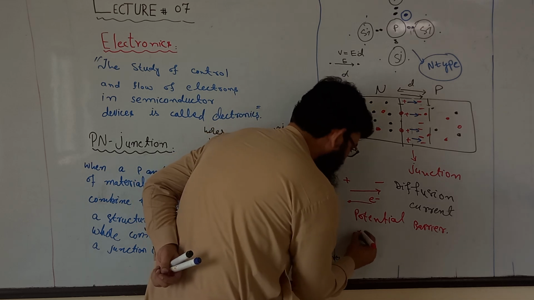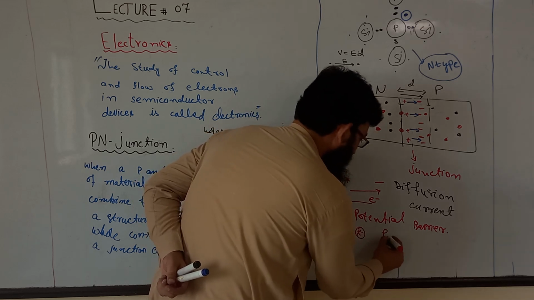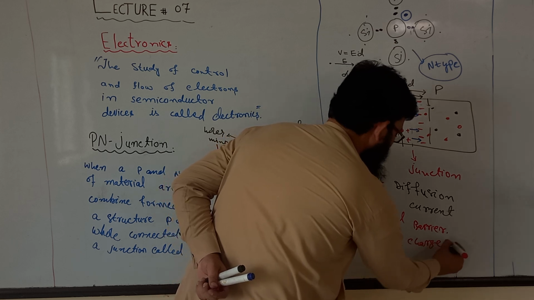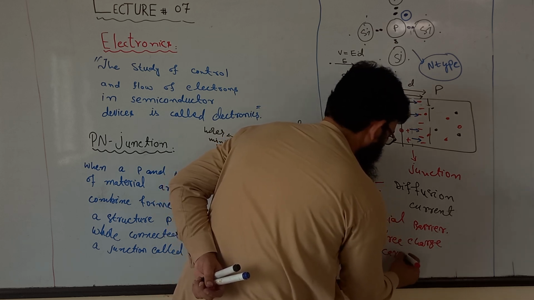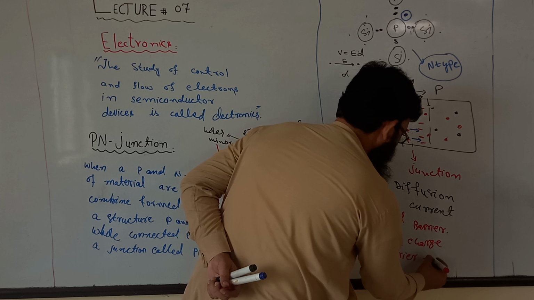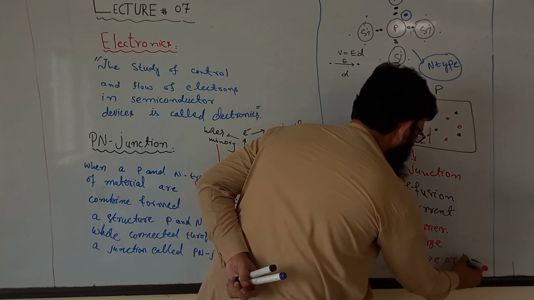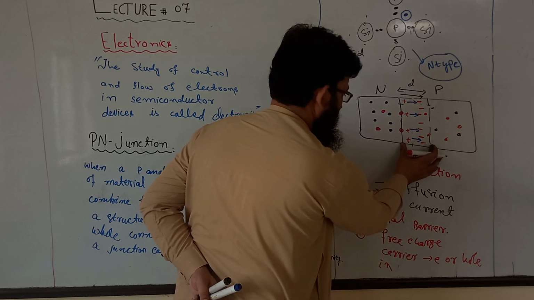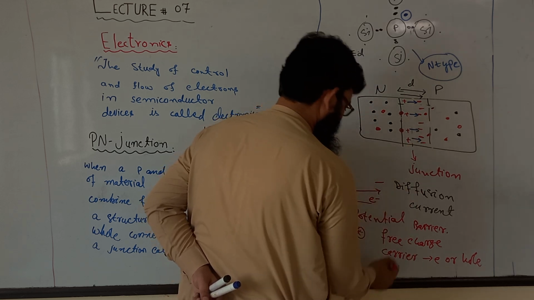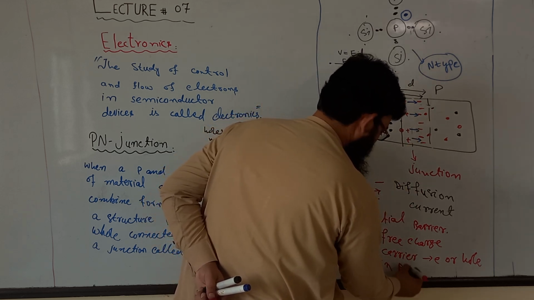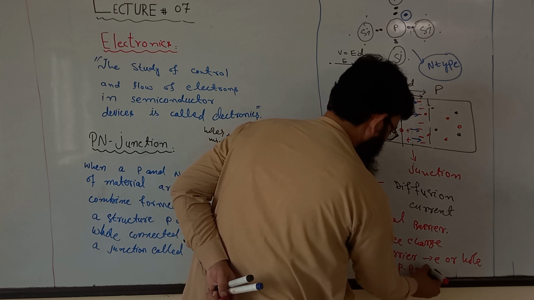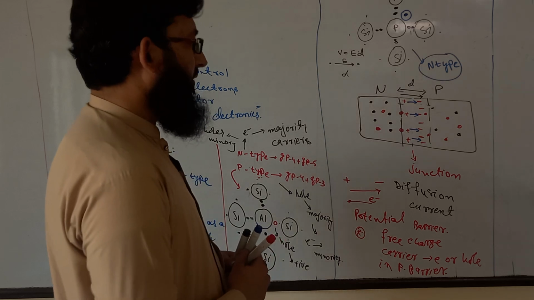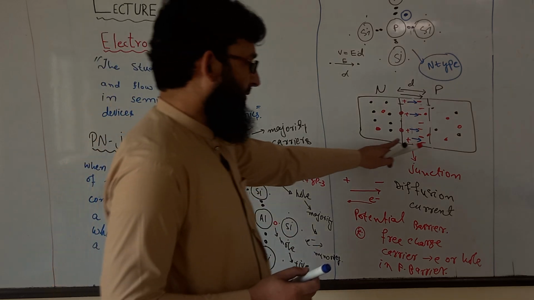Note that there is no free charge carrier like electron or hole present in this region called the potential barrier or depletion region. Okay, so this is called the potential barrier.